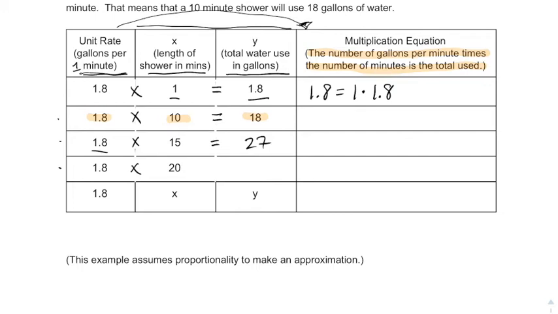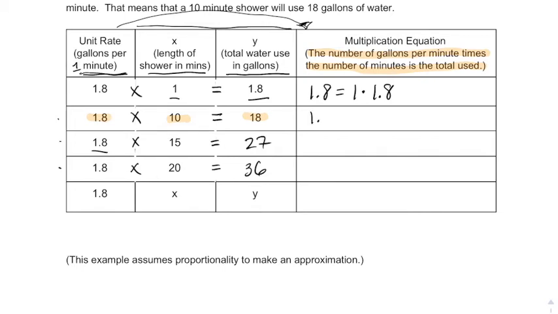Last one, 1 8/10 gallons per minute. 20 minutes, that's twice as long as a 10-minute shower, so I'm going to use twice as much water. So we can just essentially duplicate our work over here.